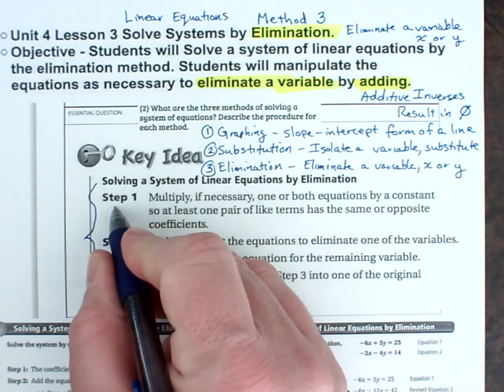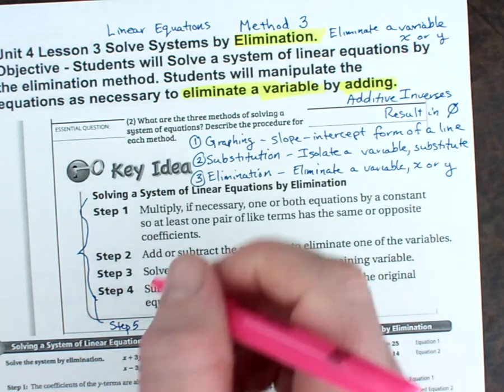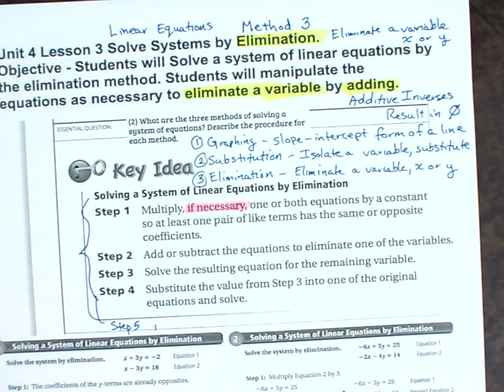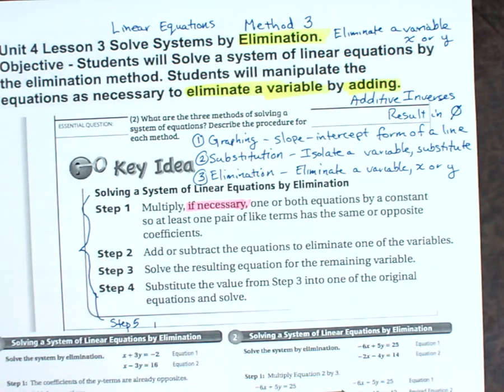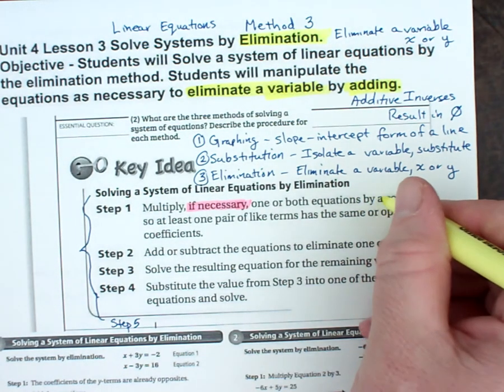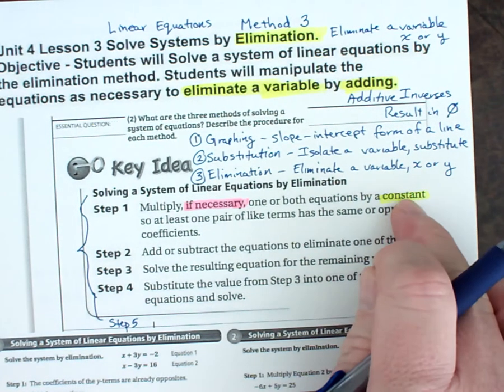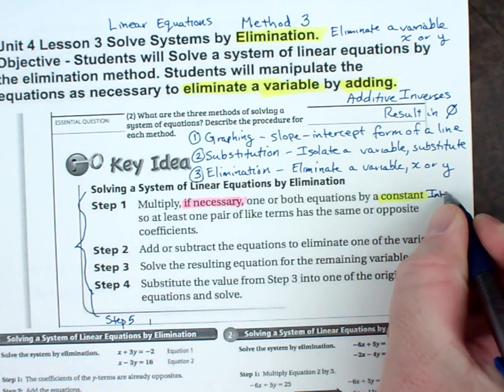So let's look at step 1. It says multiply if necessary one or both equations by a constant. That's another big vocabulary word. So you're going to be multiplying one or both equations by a constant. When they say that, we're talking about an integer.